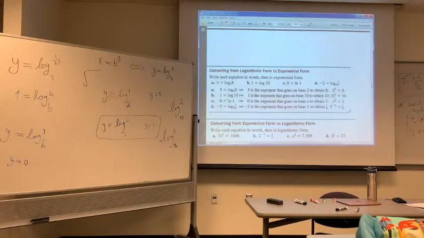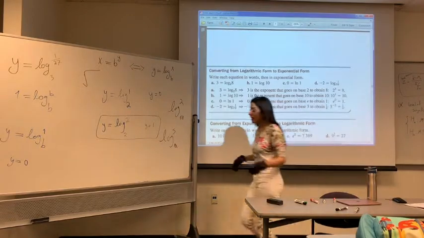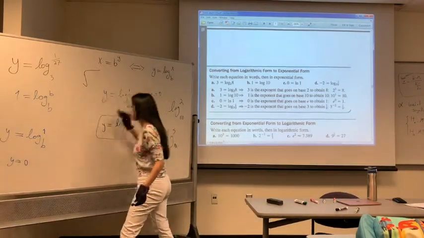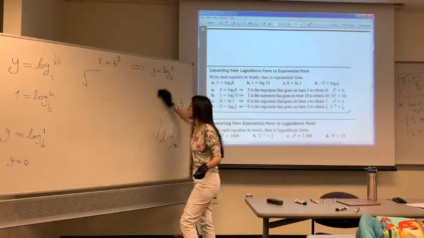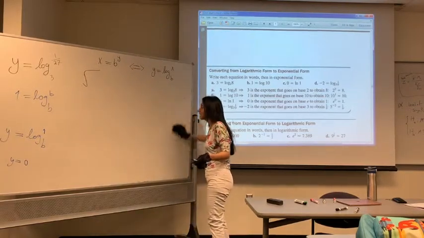And then ln is also a logarithm, but it is a natural logarithm. This natural logarithm, if the regular logarithm has a base 10, the natural logarithm has base e.